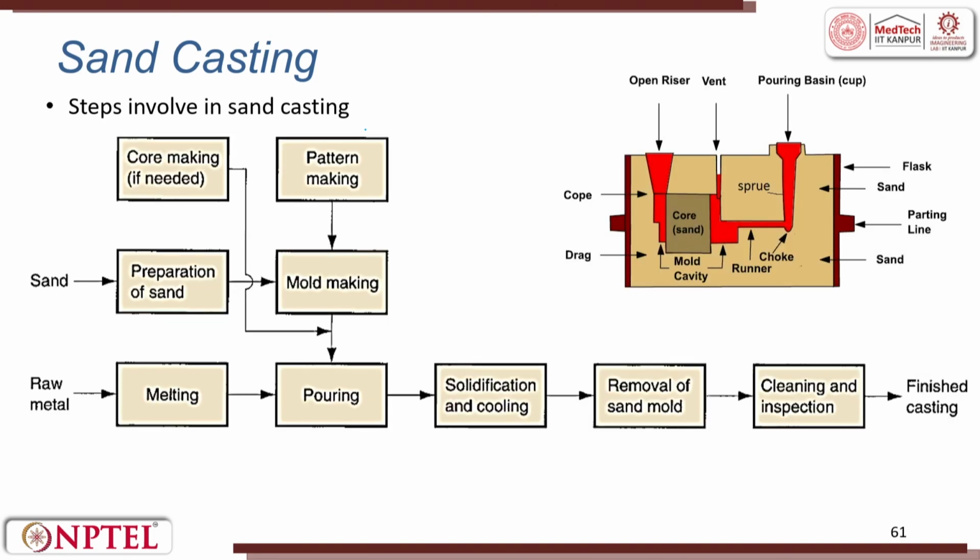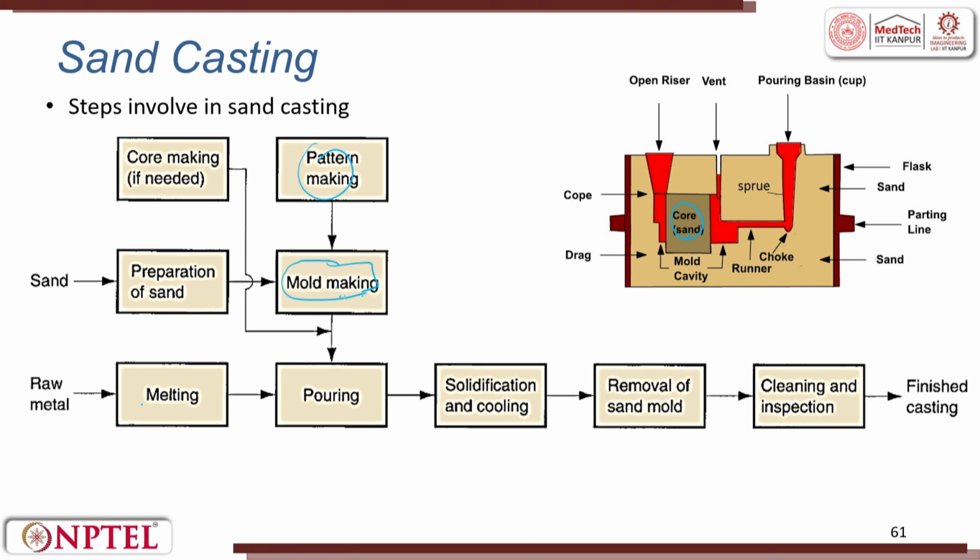So, the steps involved in casting are core making, first step, this is core. Then we try to make a pattern for the mold to be kept. From the pattern you try to make a mold. So, in the mold you try to pour sand. So, pattern is kept, mold is made.